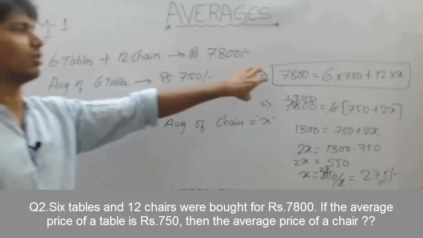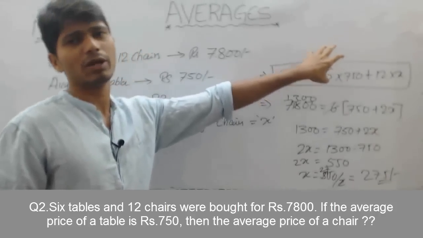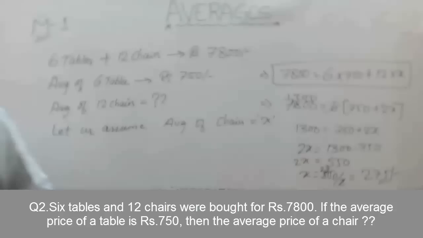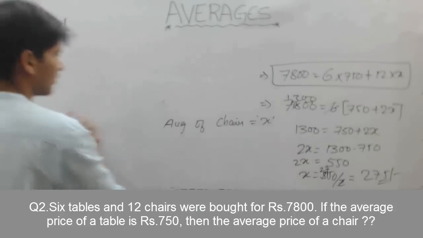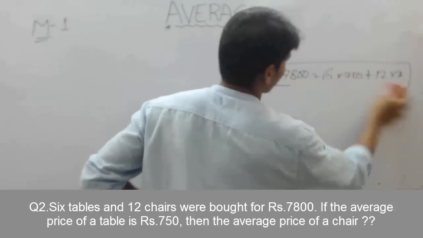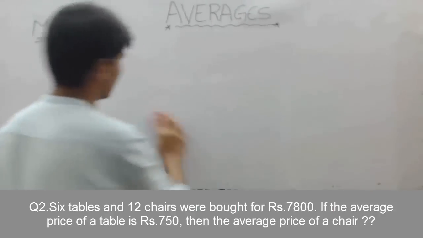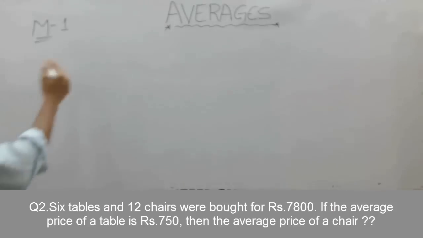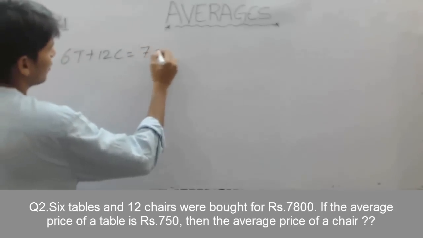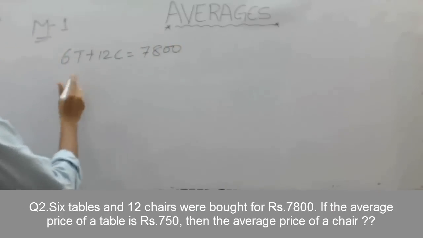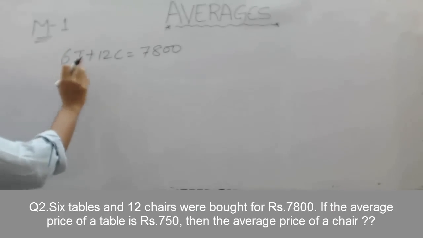That means here I have solved using this formula. Without formula you can also solve this question. How you can solve without using the formula? He has said that the cost of 6 tables plus 12 chairs is equal to 7,800. The average of each table is 750.